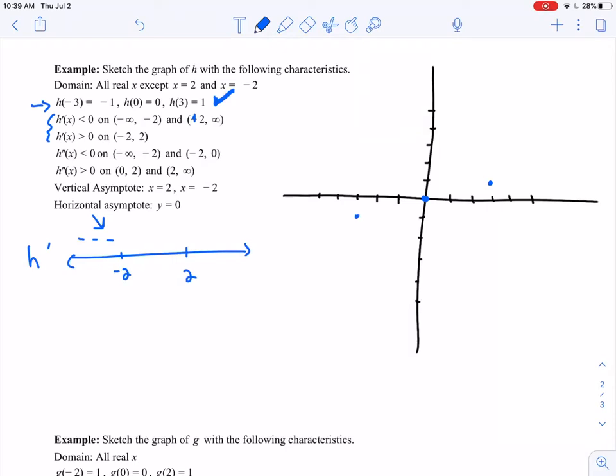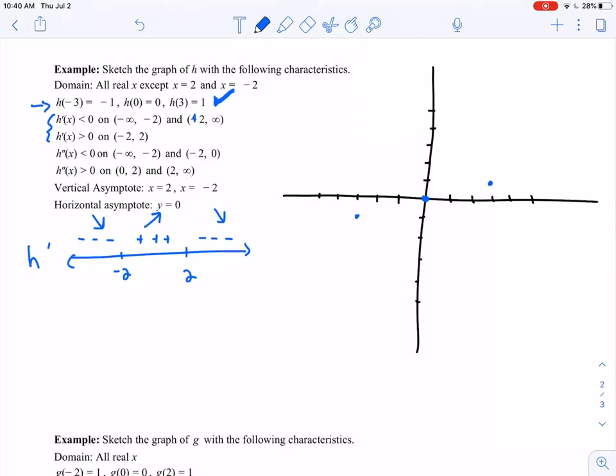So our function is decreasing on that right-hand interval as well. And then in that middle interval, it says that h prime of x is greater than 0. So the first derivative is positive, means our function is increasing.